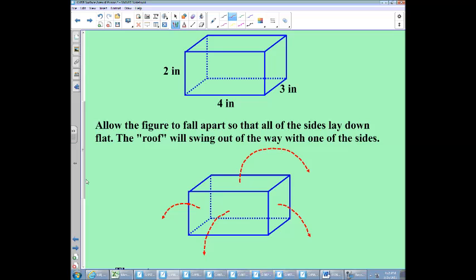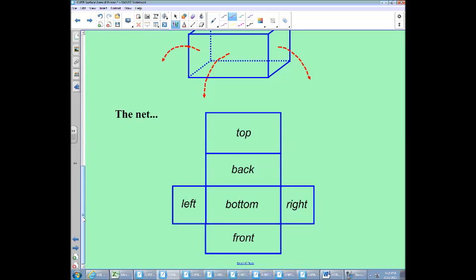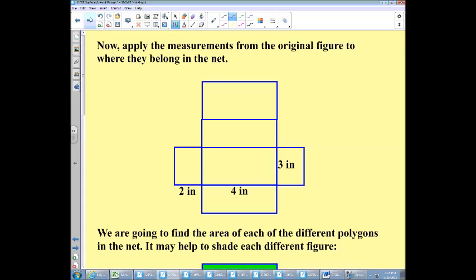Like in the case of this rectangular prism that has a roof on it, we'll want to swing the roof out of the way so that we can see all 6 of the sides of the rectangular prism laying down adjacent to each other, and it might help you to label the particular sides like I have on this figure right here. The next thing you need to do is take the measurements from the original figure and transfer them to your net.